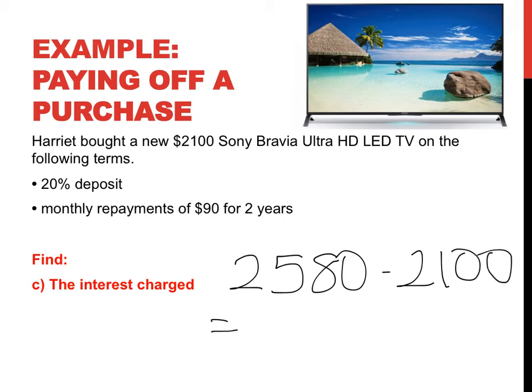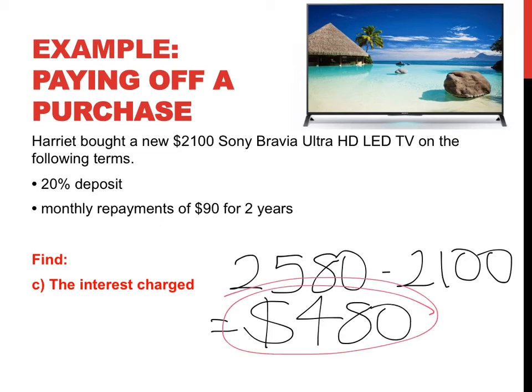She's been charged $480 in interest. Like I was charged $3,000 and something. Harriet, because she's only buying a TV, only got charged $480. So to work out interest, it's the total that you've paid, subtract the original price.